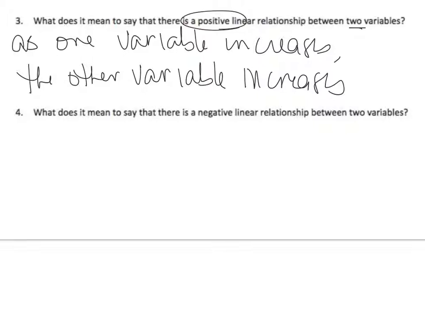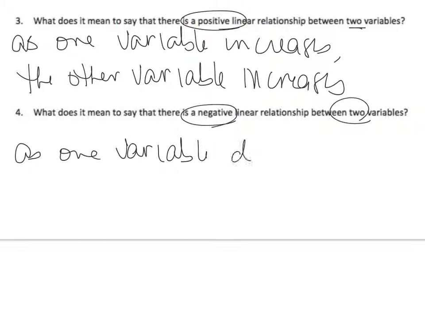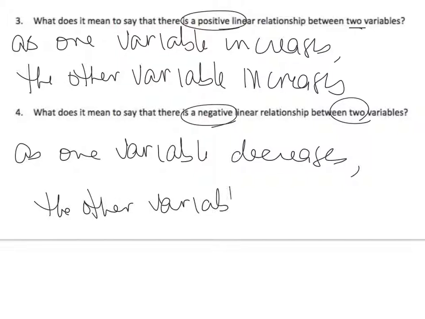What does it mean to say that there is a negative linear relationship between two variables? Well, it's just the opposite. As one variable decreases, the other variable also decreases.